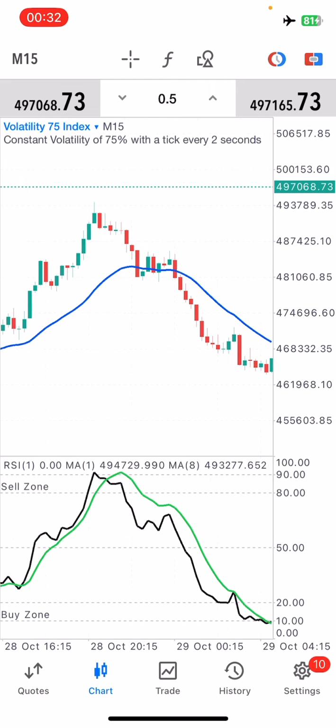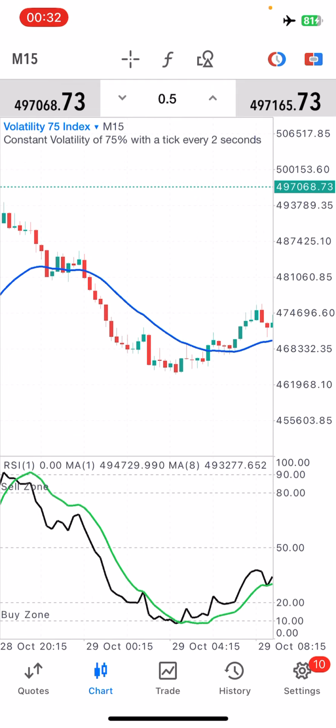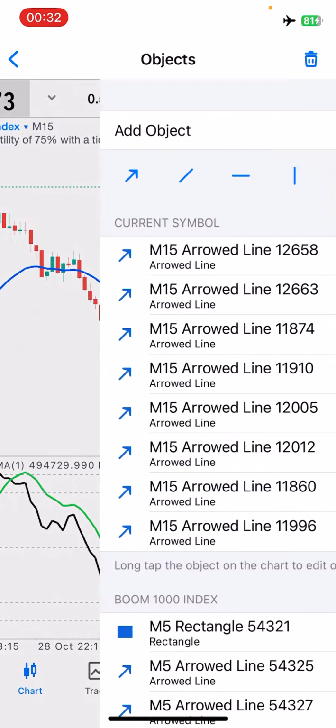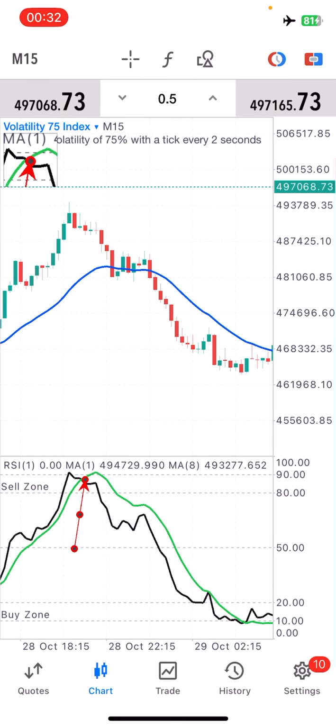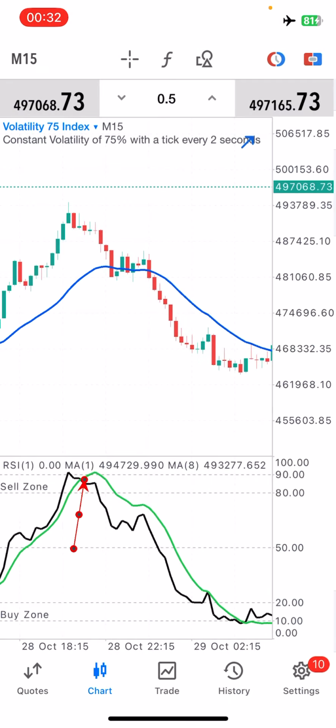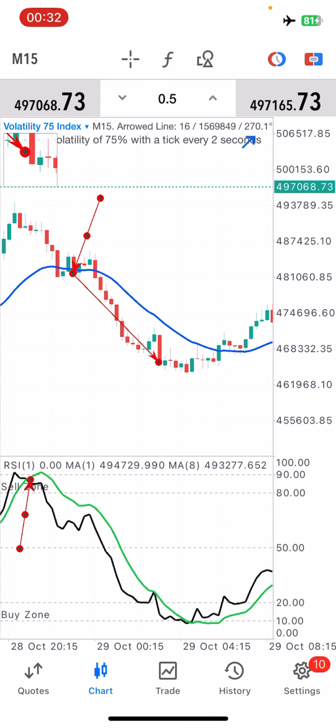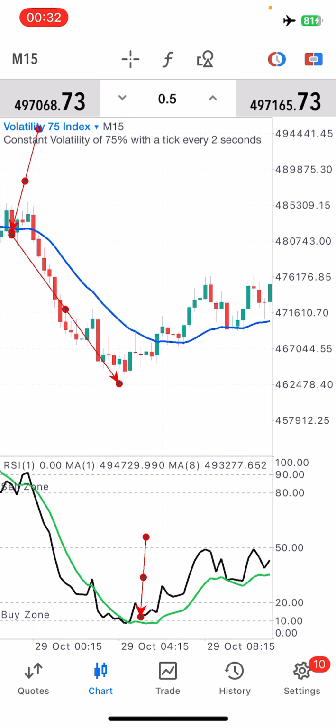So we can see that there are a lot of entries that are given by the strategy, and the good part is you might actually get entry after entry, so you might actually be exiting from a sell trade. Just look at this. Suppose you saw that the green and black line are in our sell zone, and you also realize price broke to be below, and you enter into a sell, right? You sell up to this point, and you also see that now we are in a buy zone, and our black and green line are crossing each other in the buy zone, and again you see price crossing to be above our blue line.